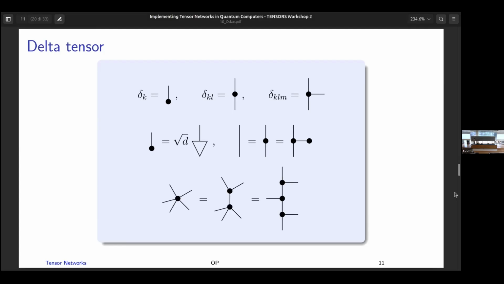And the last identity is that a delta with many legs can be decomposed into order 3 deltas. If you look at this order 3 delta, I showed it also for the quantum circuit, and this is nothing else than a control operator. This is how we will encode the delta tensor on a quantum circuit.